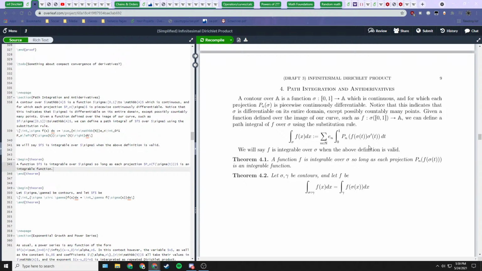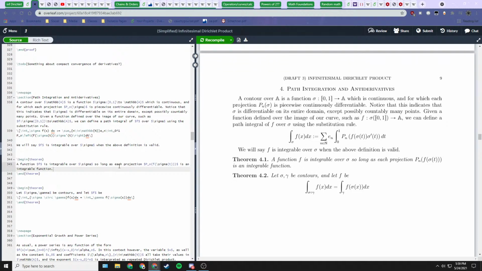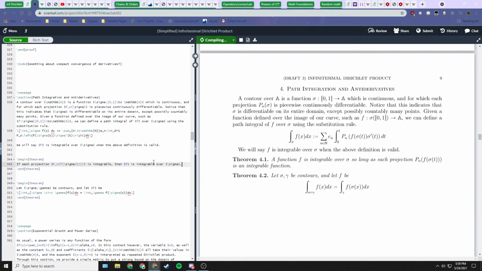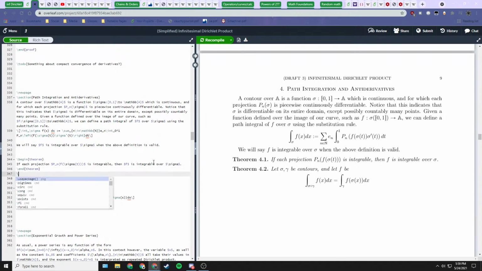So we can just do that explicitly. We could state this like this, and that would have, I think, a pretty short proof.